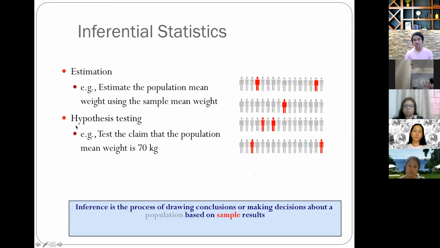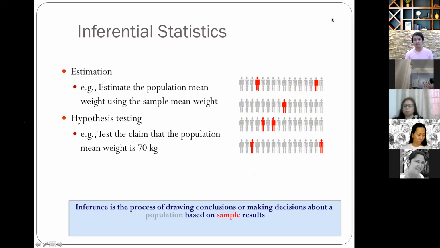And when you say hypothesis testing, there are several steps. There are about 6 steps in hypothesis testing, which I will also discuss with you in the future kasi baka lumabas siya sa compre. Baka kasi lumabas siya sa compre ninyo, hypothesis testing, kaya dapat matutunan nyo kung paano mag-hypothesis testing.